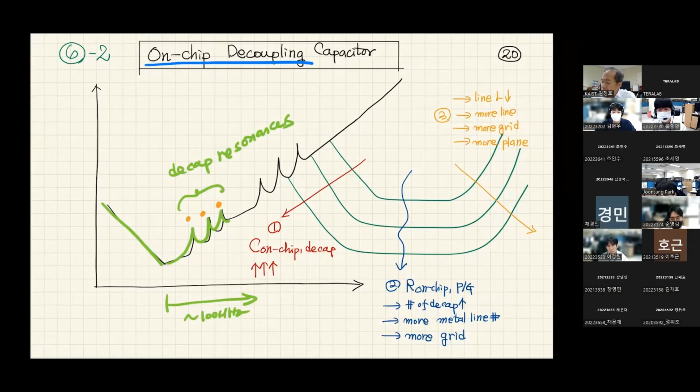Also, I'm not talking about the details today. We're gonna have another type of resonances, which will be covered next week, plane resonances.